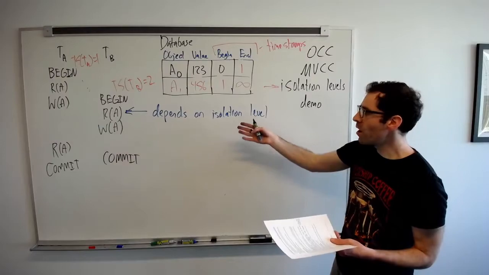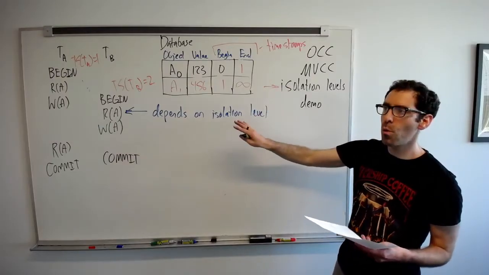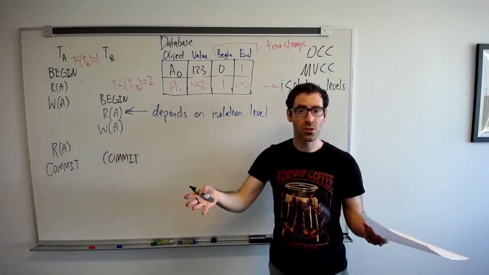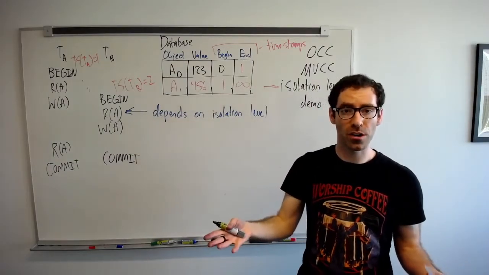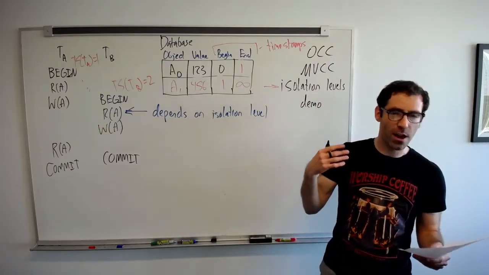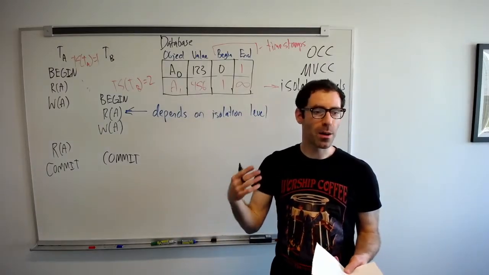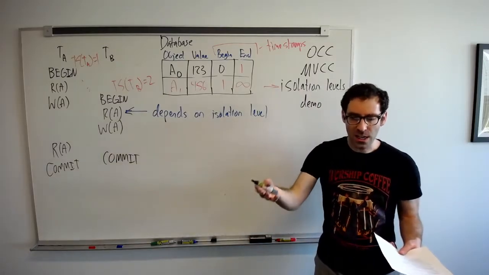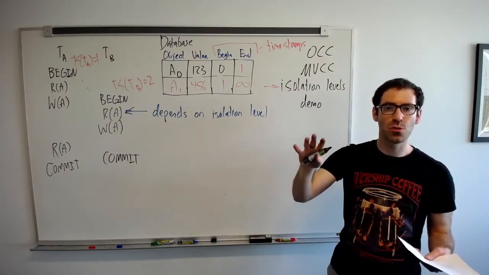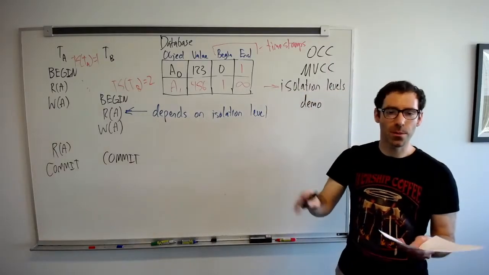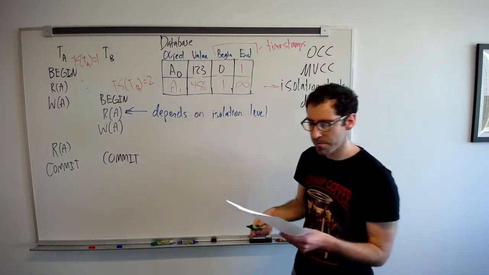And so we might want to, in some cases, relax these requirements in order to get more concurrency. Then we say it's actually all right if we have unrepeatable reads, and because that's all right, if we can get the database system to relax its constraints, we can get more concurrency and thus better performance.